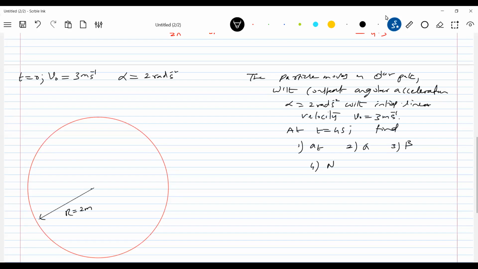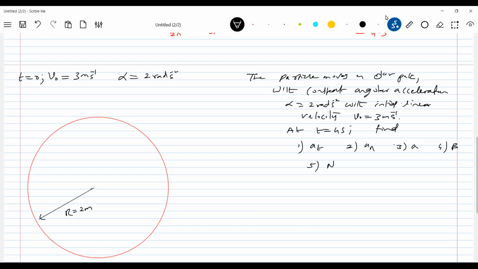The information given is linear velocity and angular acceleration. We have to find A tangential, A normal, total acceleration, beta, then the number of revolutions.